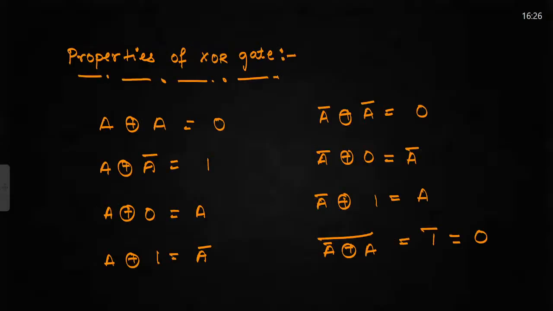Now let us learn about XNOR. So what is the sign for XNOR? So this is XNOR. Two inputs A, B and output. So we did not write the truth table for XOR.